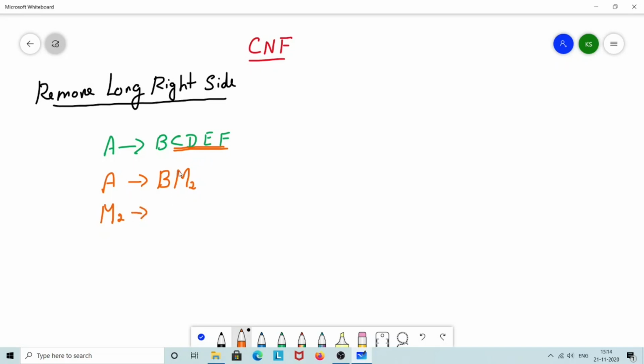So M2, I'll keep the C as it is and replace DEF with M3. Now what do I have in M3? M3 is nothing but DEF. DEF is again a long length, so I will keep D as it is and write M4. M4 is nothing but E and F.